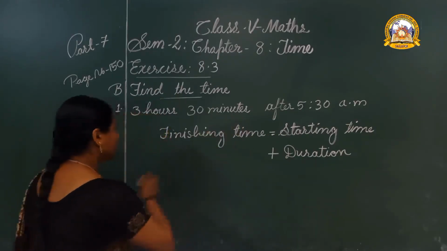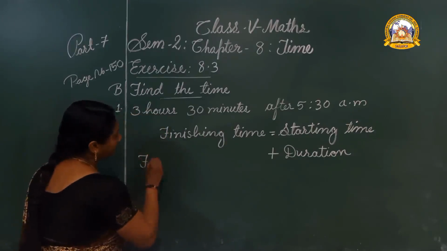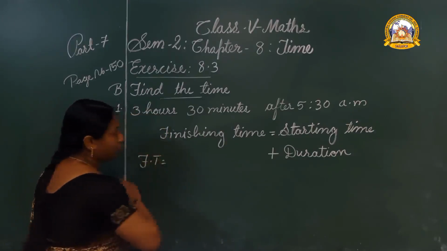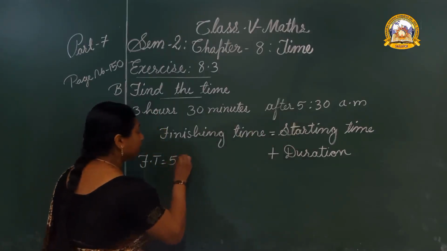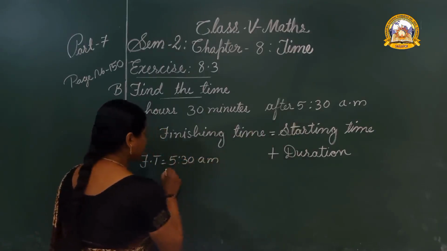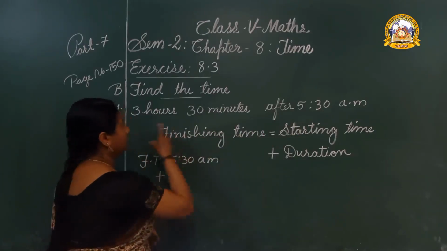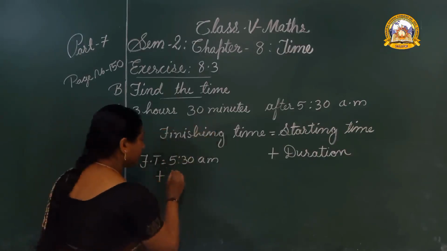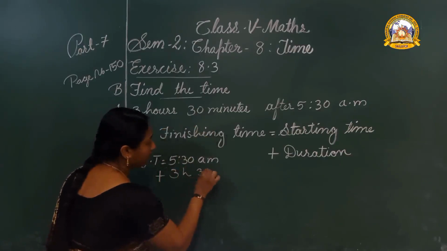So let us write finishing time, FT, is equal to starting time 5:30 a.m. plus duration 3 hours 30 minutes.